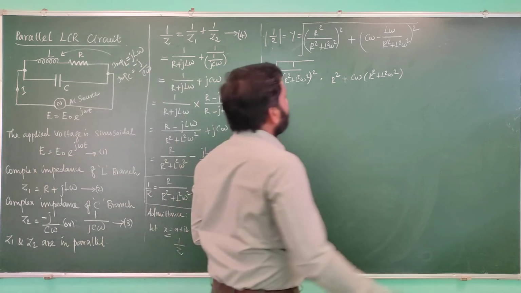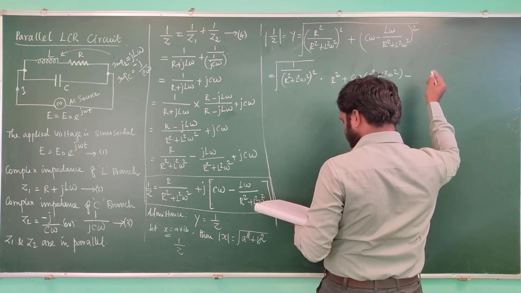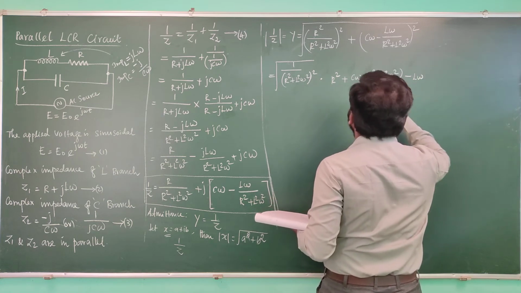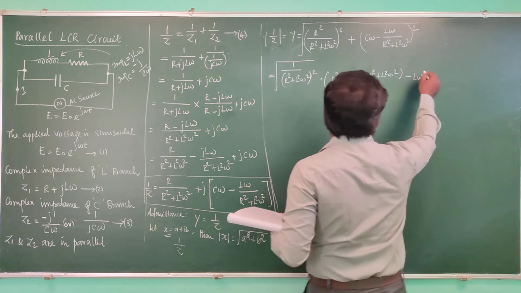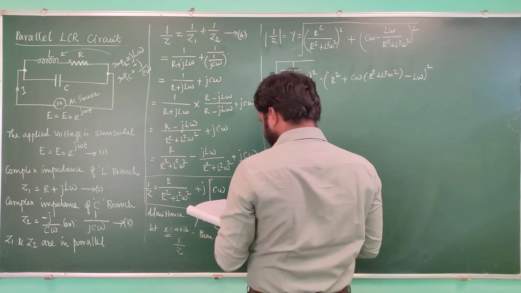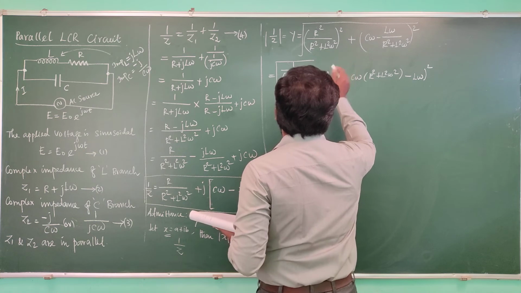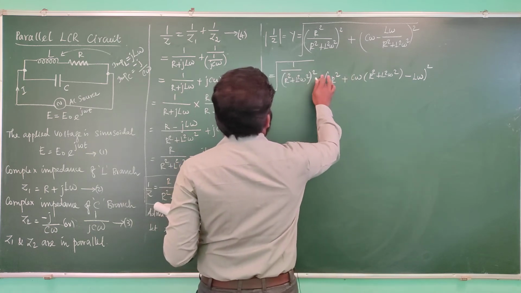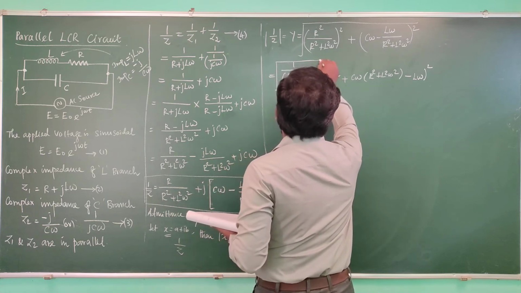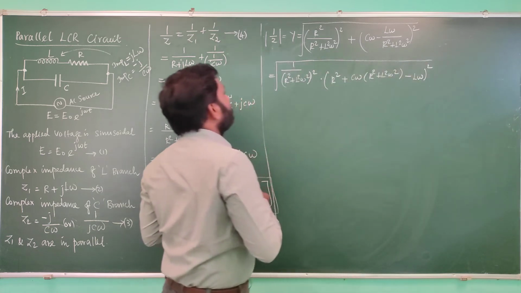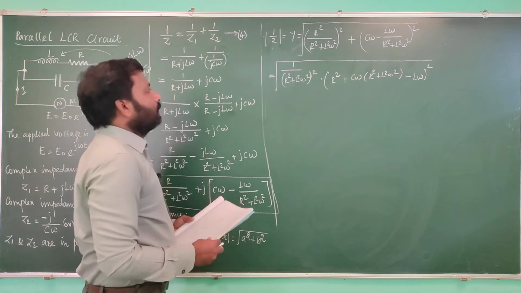So the numerator will have C omega multiplied by (R square plus L square omega square), minus L omega, the whole square. Likewise, this square root extends; we are just taking this denominator as common.